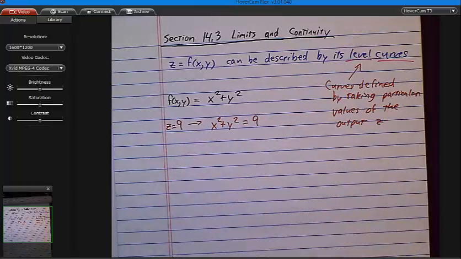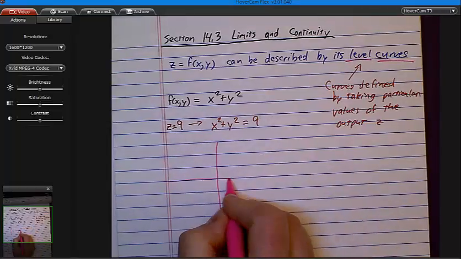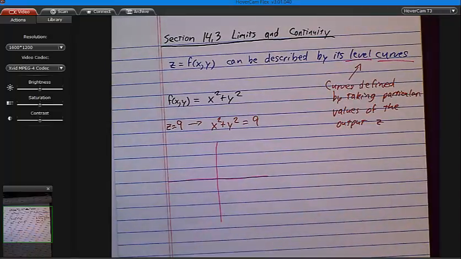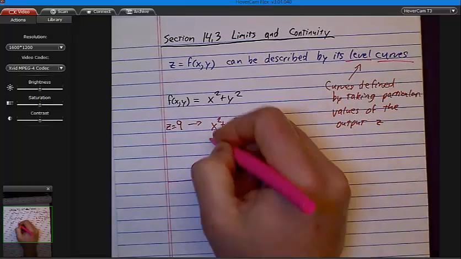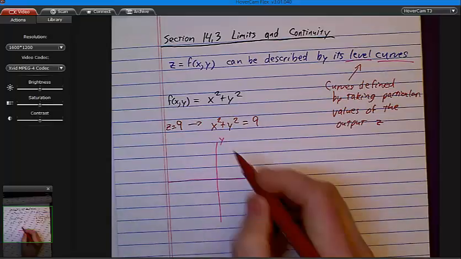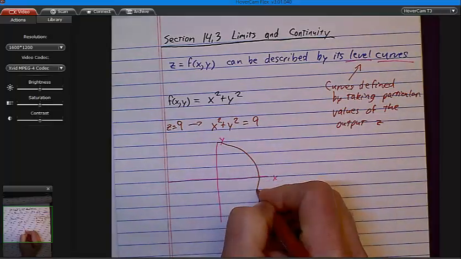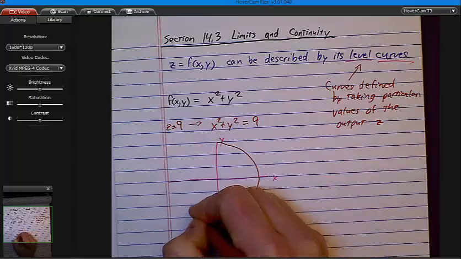If I wanted to represent that, let's graph it. What does the curve x squared plus y squared equals 9 look like? It's a circle. So on the xy plane, z equals 9 is a circle of radius 3.